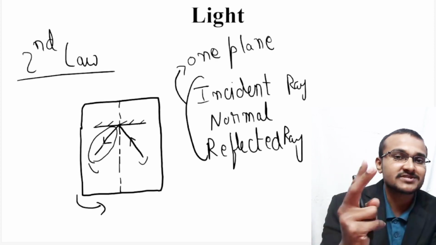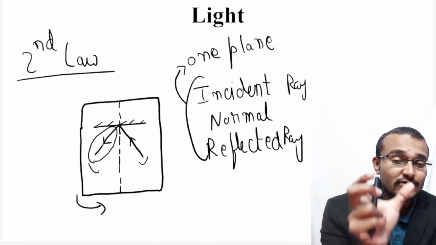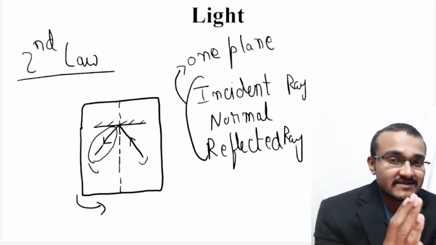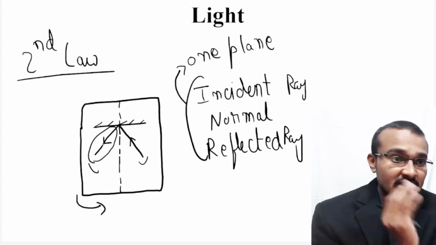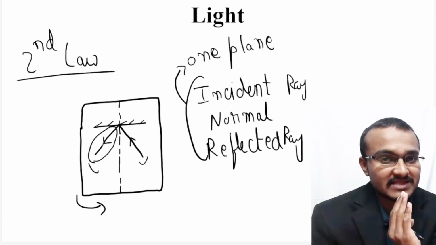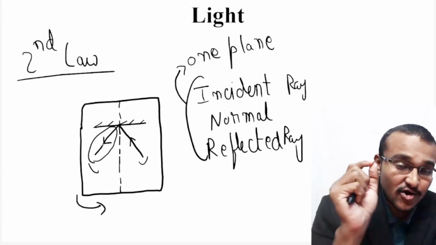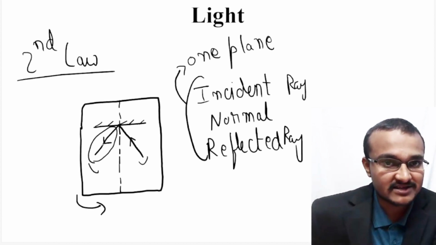That shows both incident ray and reflected ray along with the normal lie on only one plane. So in whichever plane the incident ray is incident, on that plane itself reflection will happen, and on that plane itself the normal will be there. So incident ray, normal and reflected ray will be on one plane itself. So this is actually the second law of reflection.